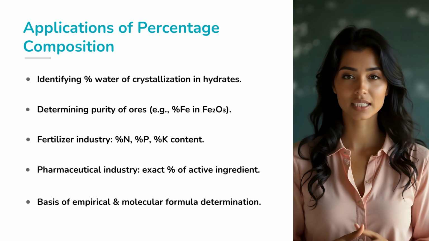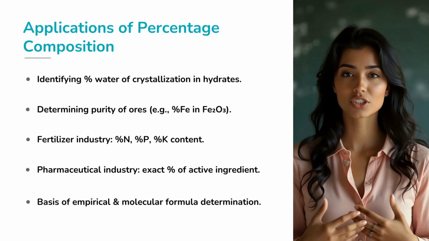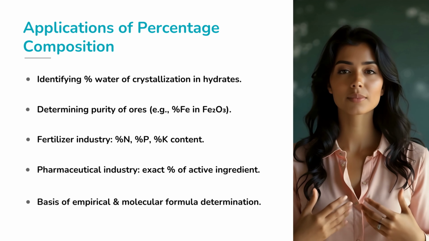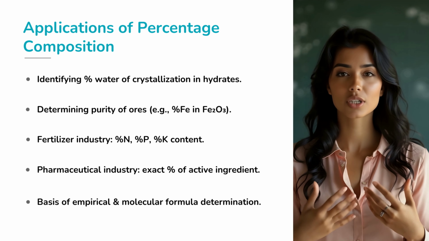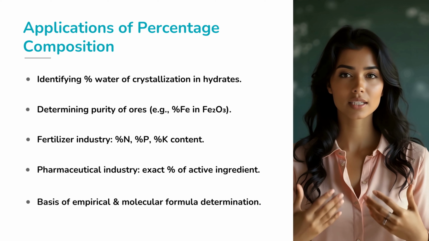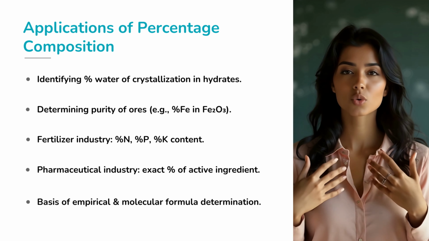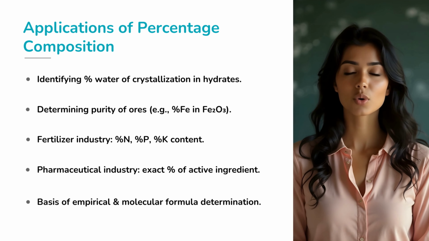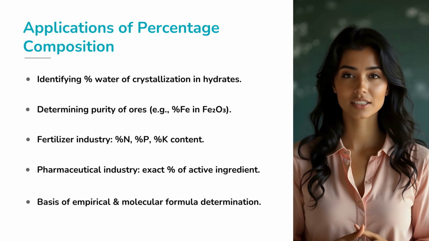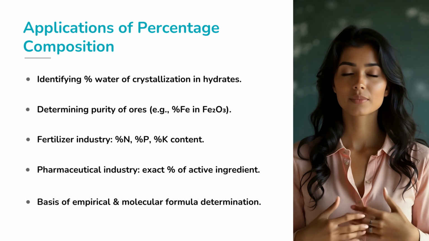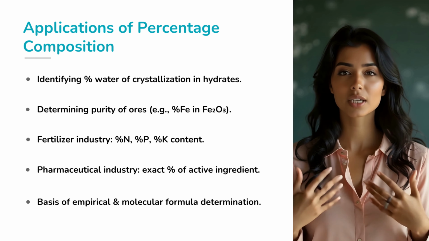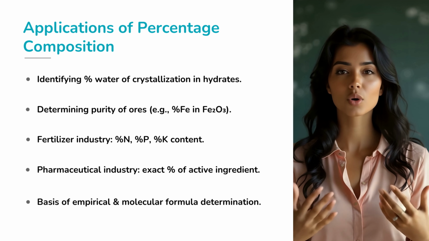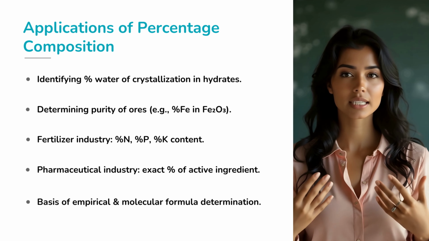By now, you're probably thinking, okay, cool calculations, but where do we actually use this? Everywhere. For example, in hydrated salts like washing soda, Na2CO3.10H2O, percentage composition tells us how much of that big crystal is just water. Spoiler, it's more than 60%. In metallurgy, when miners bring back ores, we need to know what percentage of it is pure iron or copper before we even start refining.